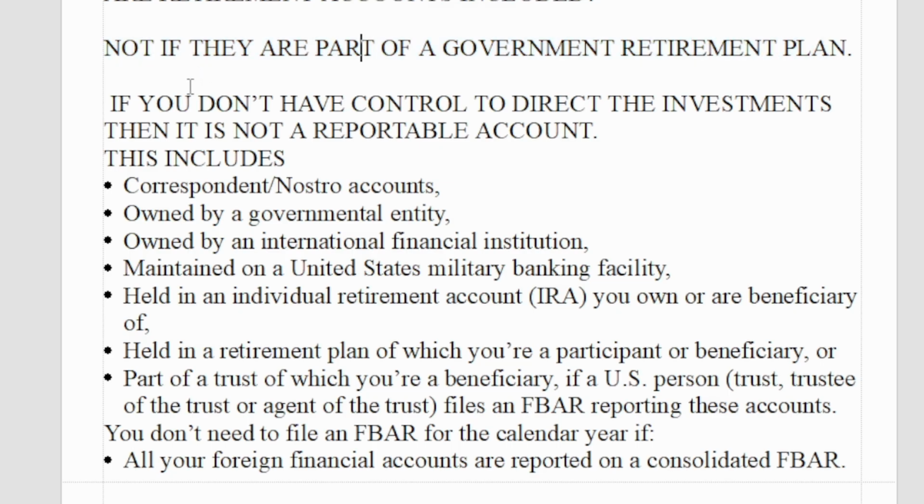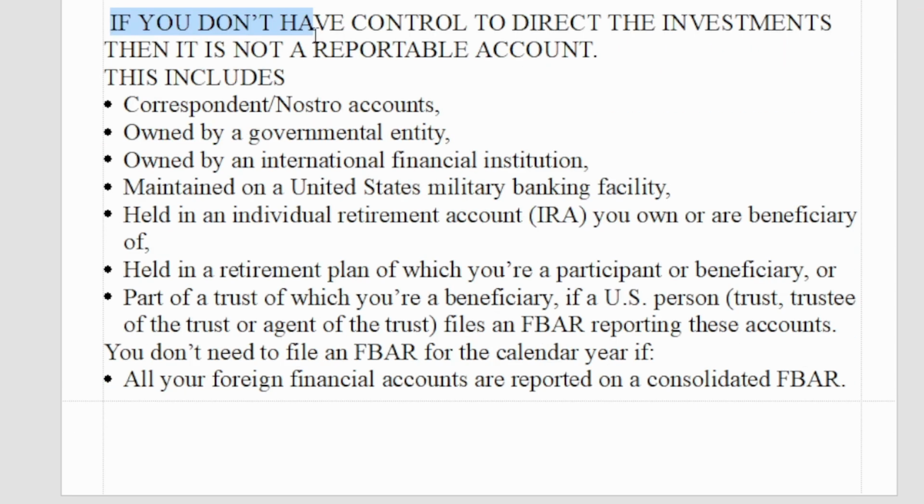But if you have a type of 401k or an IRA equivalent in another country outside of the US where you put money in and you direct where those investments go, then that is considered a foreign financial account that is reportable on FBAR. So if you don't have control to direct the investments, then it is not a reportable account.